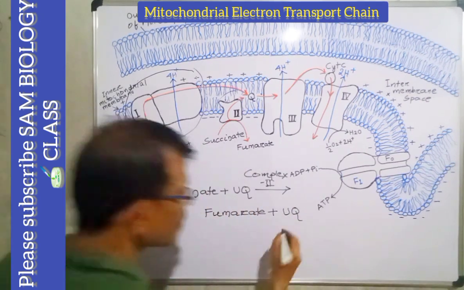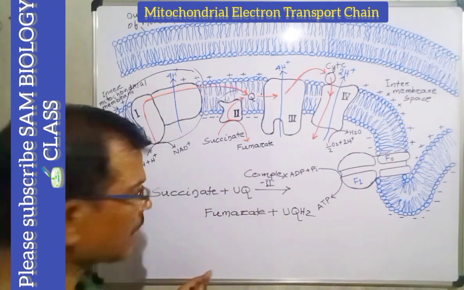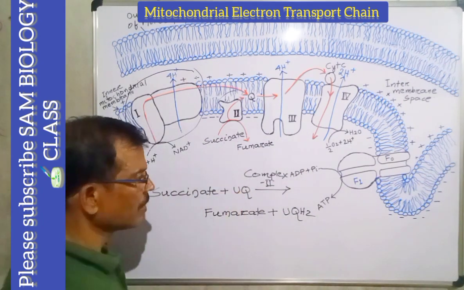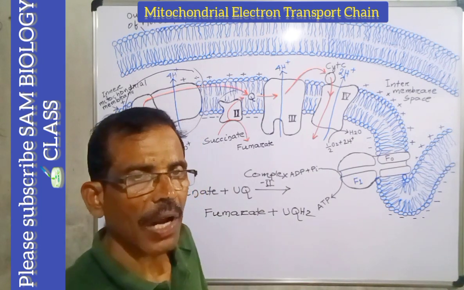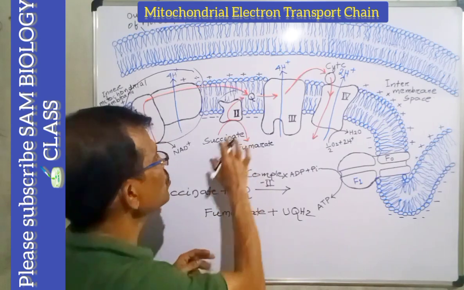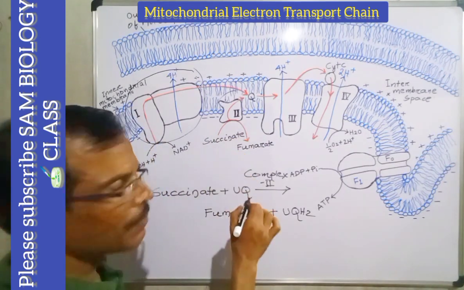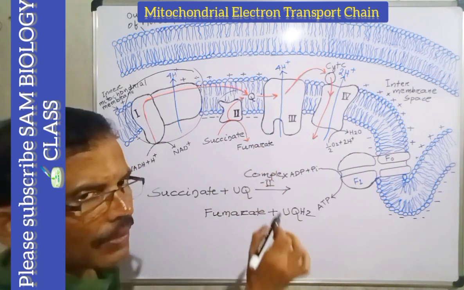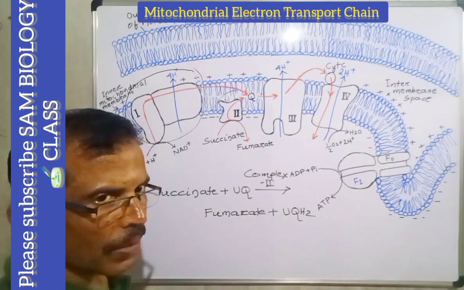So the function of complex 2 is to transfer electrons from succinate to ubiquinone. The pathway of electron transfer in complex 2 is from succinate to FAD, from FAD to iron sulfur center and next to ubiquinone.